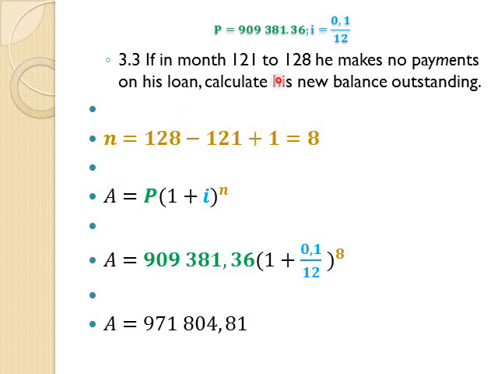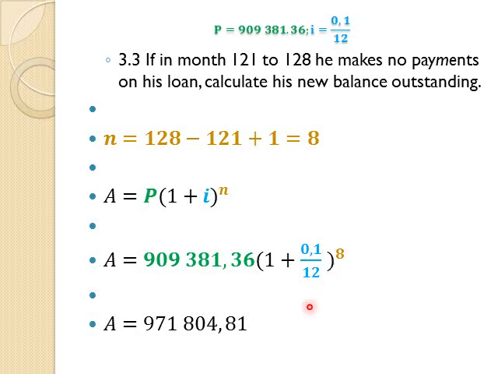Right, so when you don't pay on your loan, we always increase using the compound increase formula. So A equals P times (1 plus I) to the power n. P is my balance outstanding after 10 years, 909,381.36, times (1 plus my interest, which is still 0.1 over 12) to the power N, the 8 months I'm not paying.